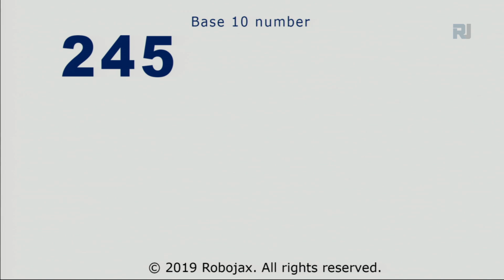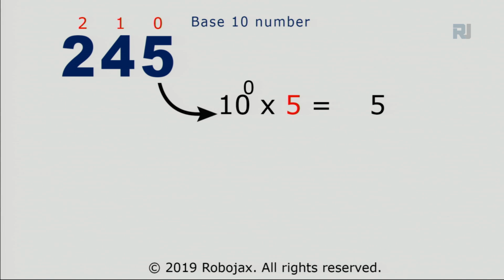Now let's see what it means. First, position 0, position 1, position 2. This 5 means, because it's base 10, put 10 and put the position as the power, and then multiply it by the value. Now any number to the power 0 is 1. That's the first thing that you have to remember. And then 1 times 5 is 5. So we got 5 here.